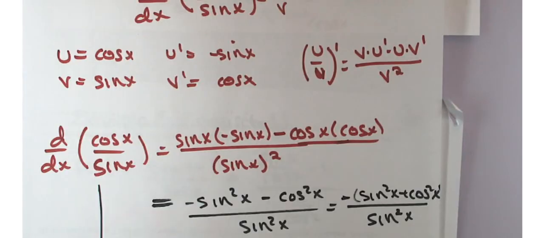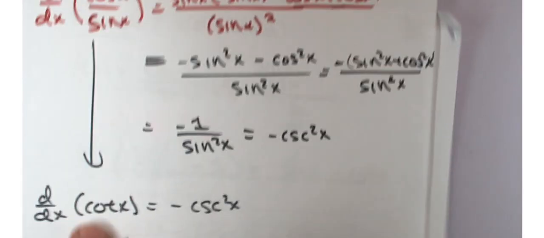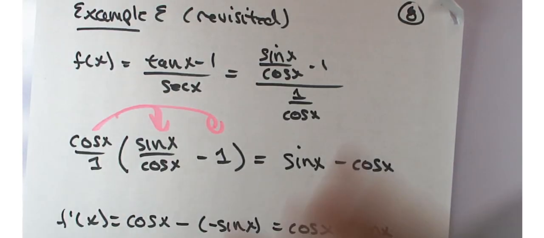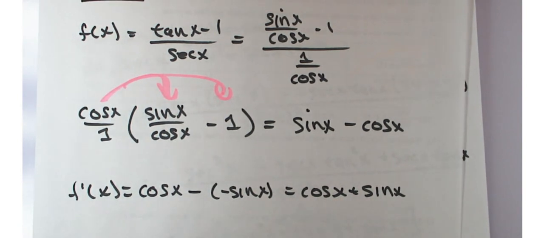You could get it with the quotient rule, but I'd rather just say it's the derivative of the cotangent. And we had a similar thing here. If we simplify this a little bit first, then the whole thing became a lot easier. So I guess the message is: you're rewarded for thinking.